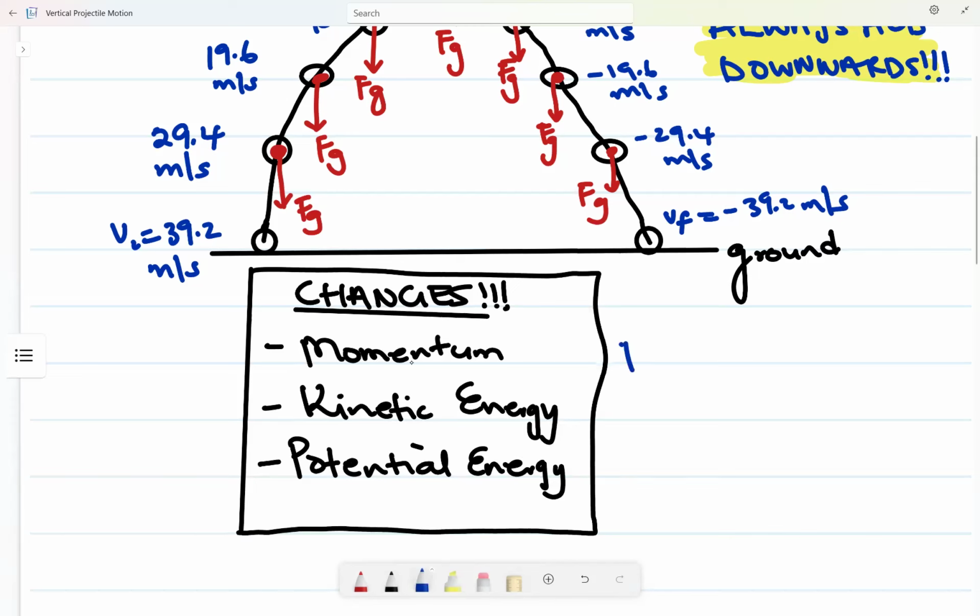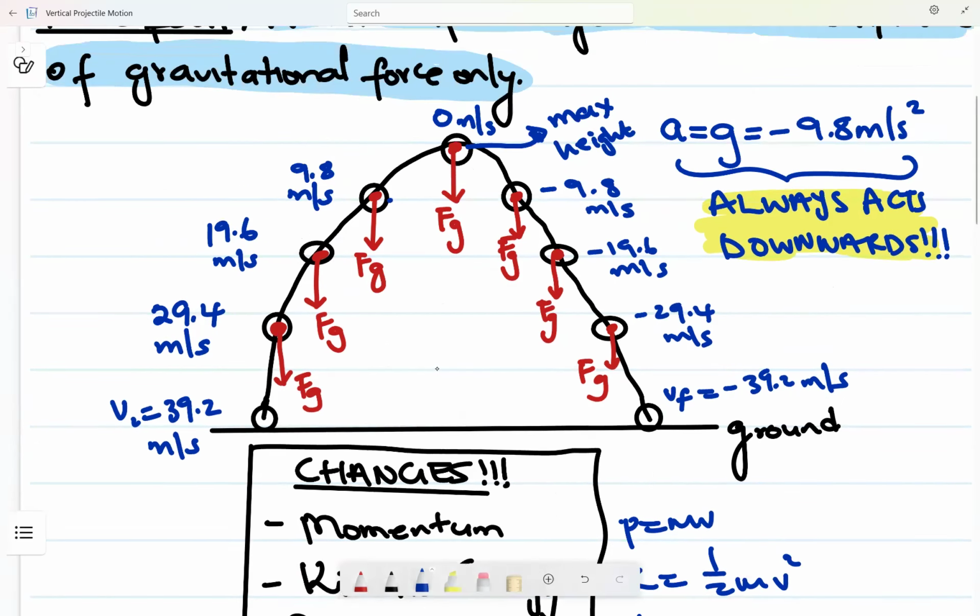Now, remember momentum, P is equal to mv. The velocity changes, right? Kinetic energy, half mv squared, changes, right? The potential energy, which we refer to as U or EP, is mgh. One might ask, how is potential energy changing when velocity is the one changing?